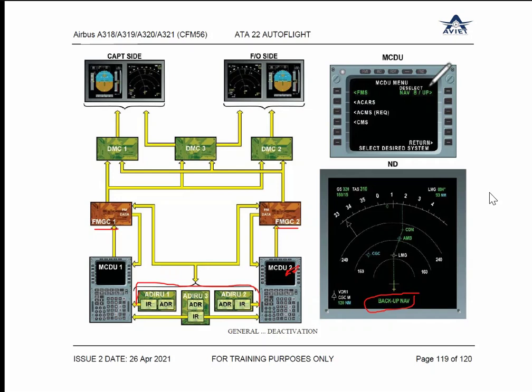Altitude you will select from the FCU, heading you will select, speed you can select. So they will work in manual mode.